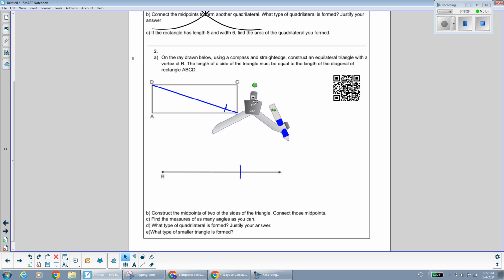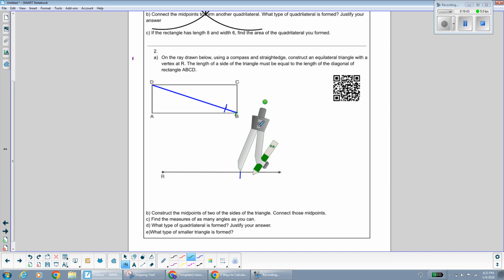Since my compass doesn't extend that far, I have to grab the other piece. And now I have the next vertex of the triangle.